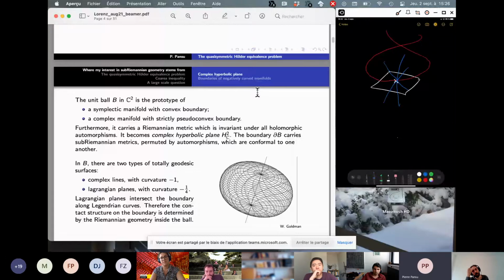For each tangent vector which is transverse to the contact plane, there is one chain that goes in this direction. And in fact, the same holds for Lagrangian planes and their boundaries, called real circles.